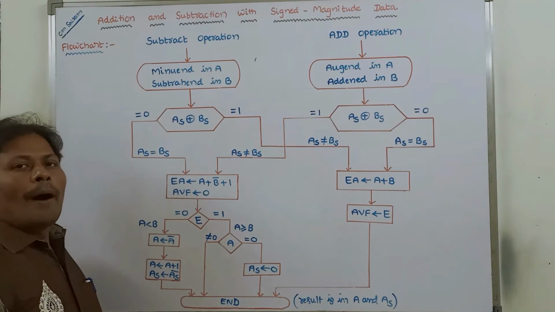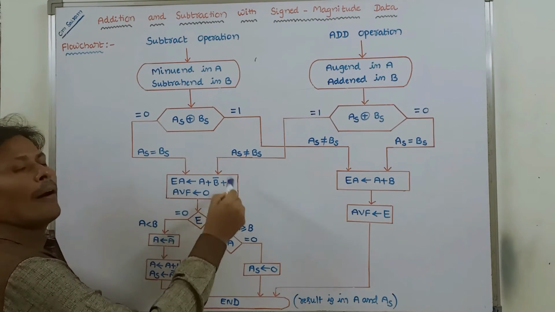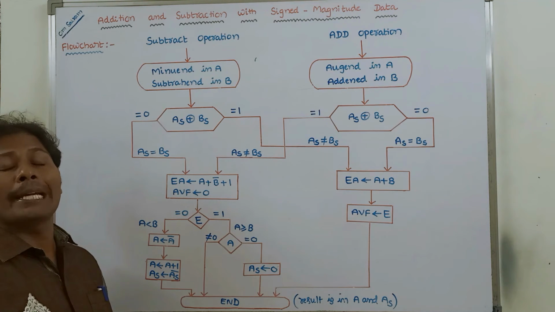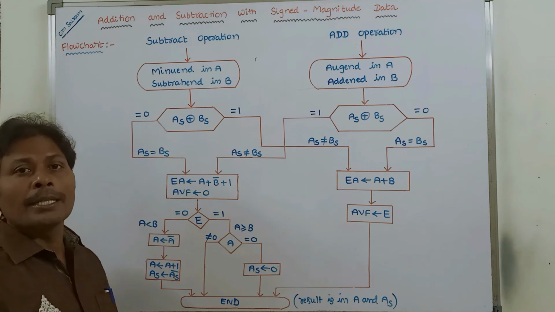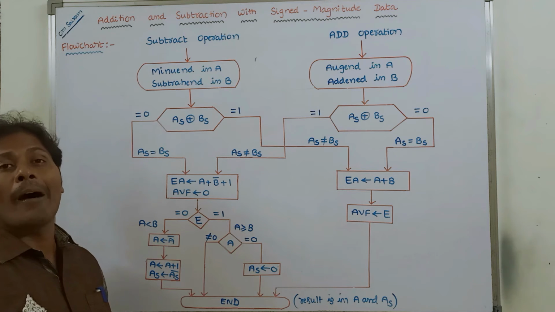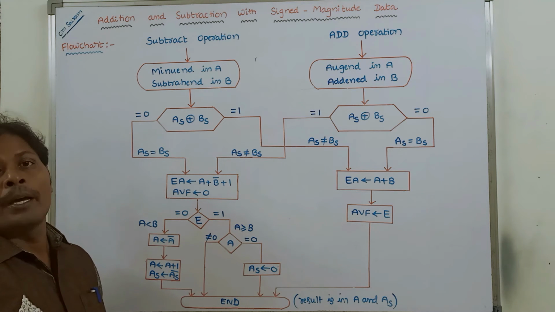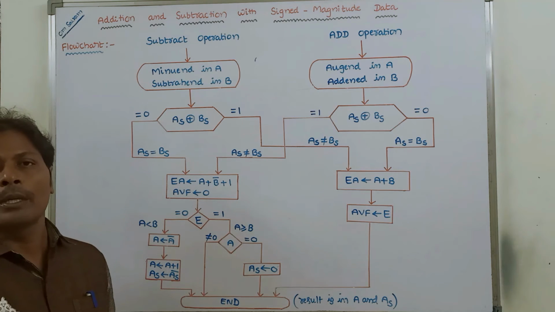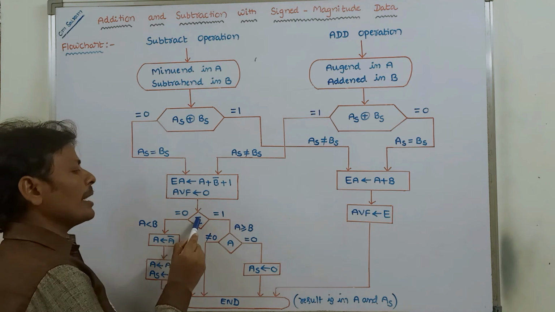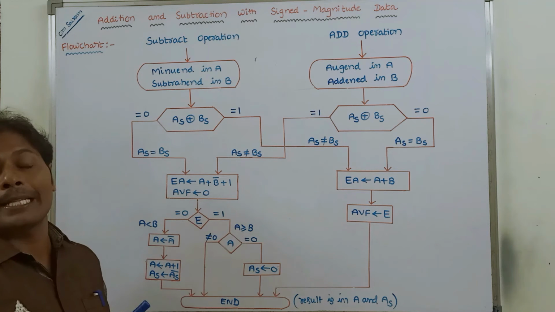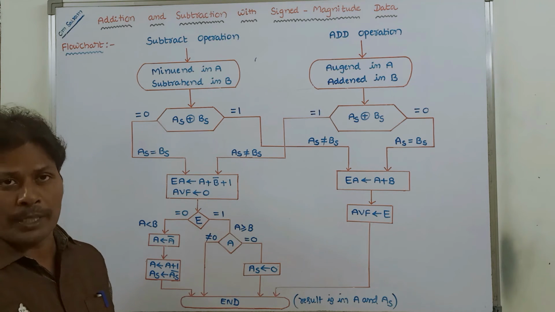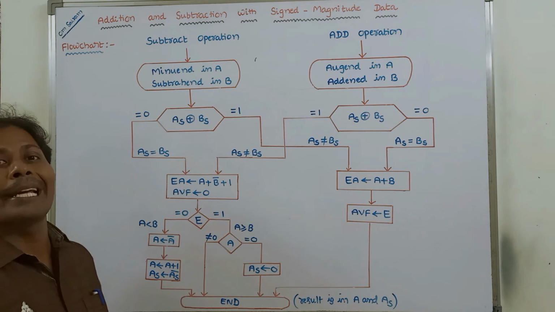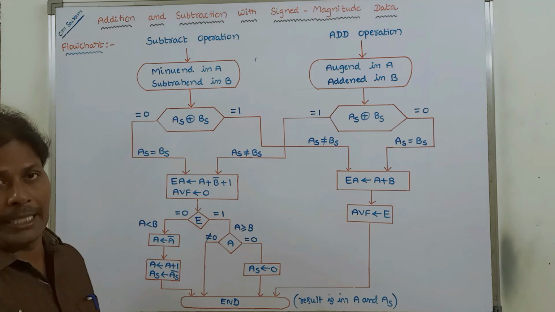After performing the subtraction operation, sometimes we may get a positive result, sometimes a negative result. For that purpose, we have to check the E value. If E value is equal to 1, we may get a positive result. If E value is equal to 0, we may get a negative result.